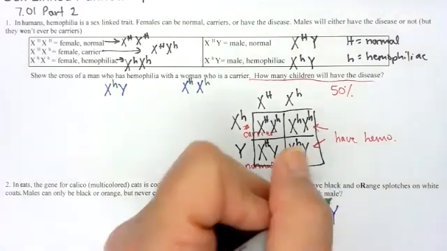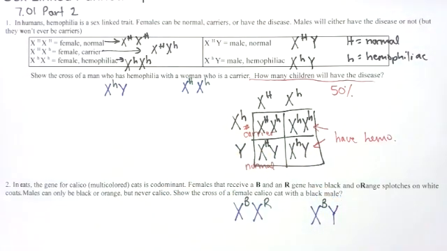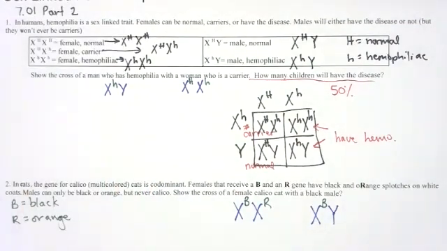The male is going to be black, so he is going to be X B Y. So B is black and R is orange. I'm going to go ahead and do the cross up here in this area because we've got a lot of nice space up there that's not used.